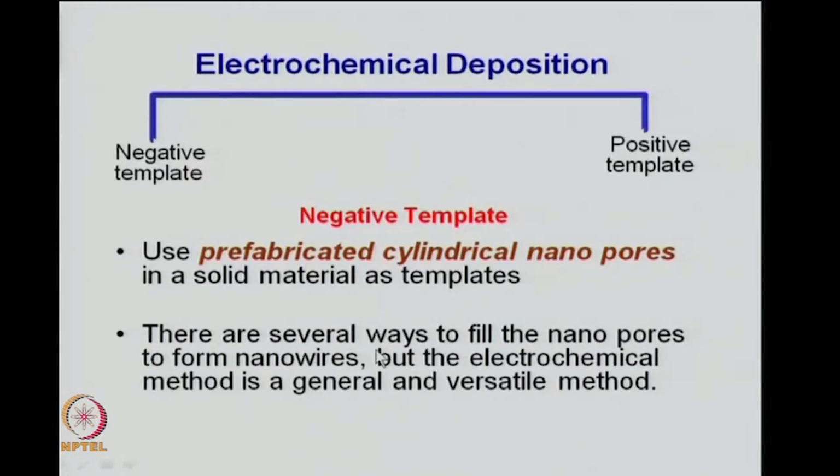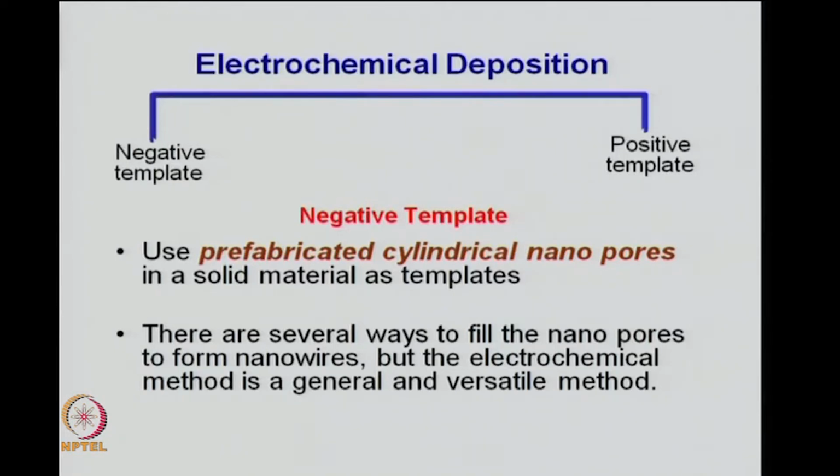Now, the electrochemical deposition can be divided into two particular methods: in one case we call it the negative template method, and in the other case we have the positive template method.